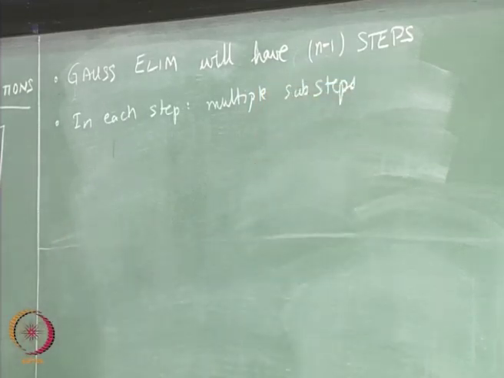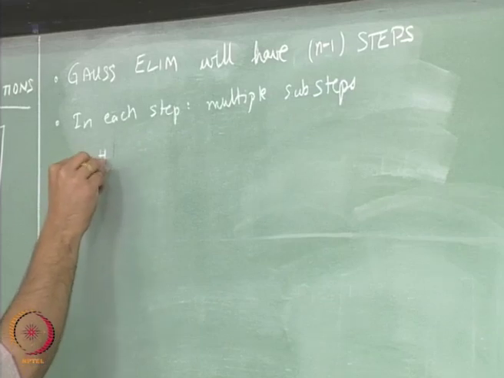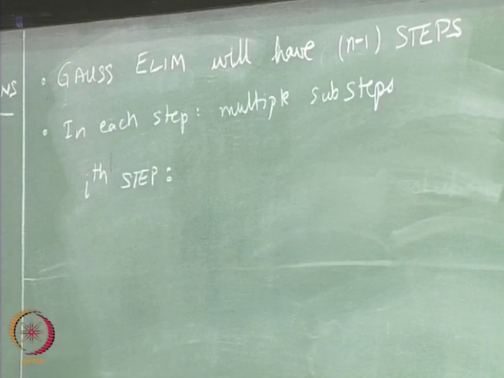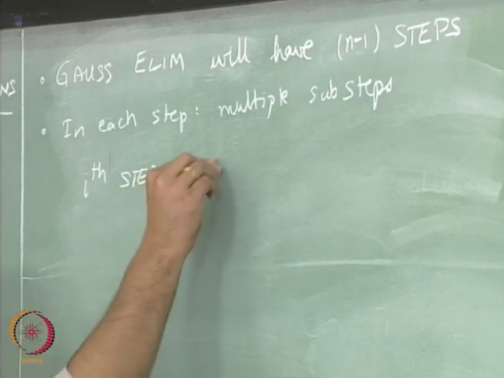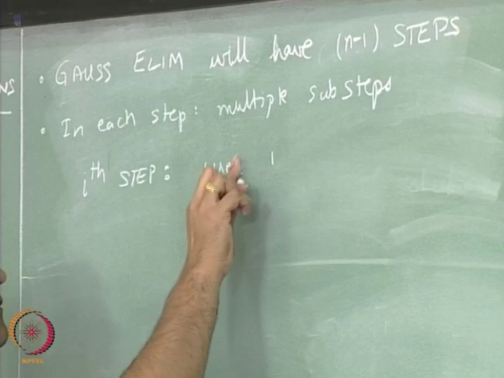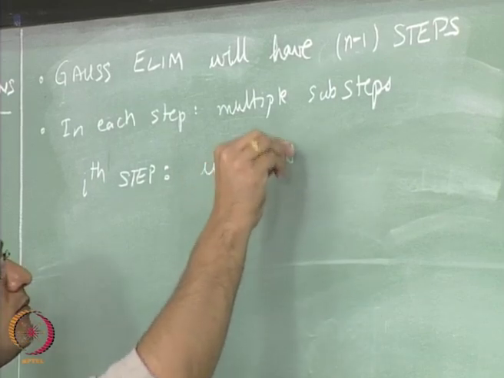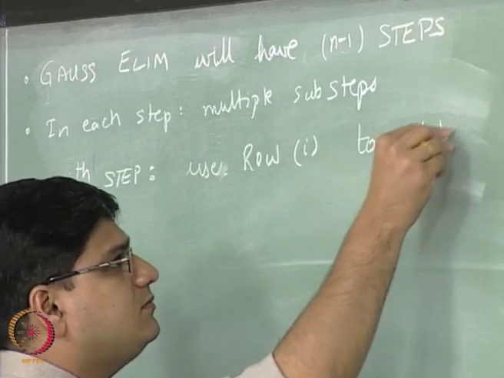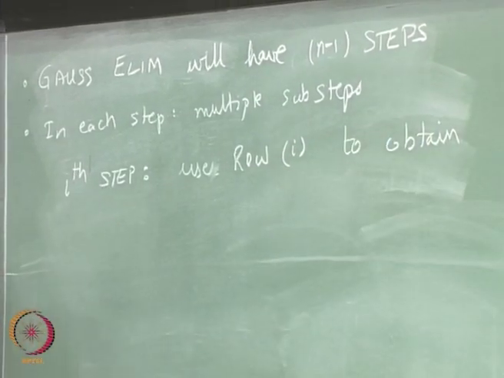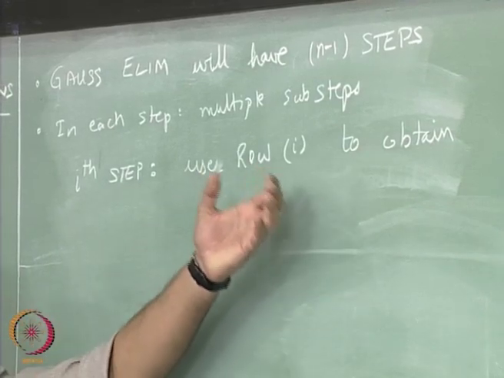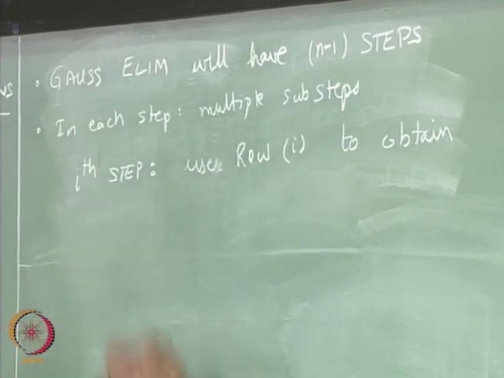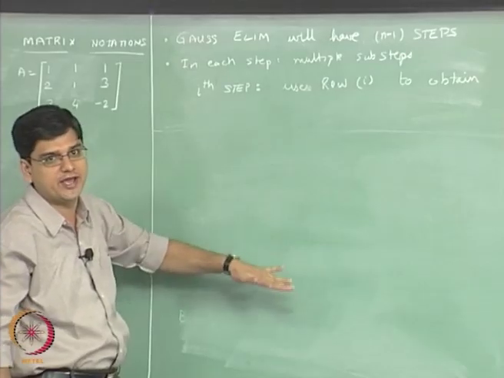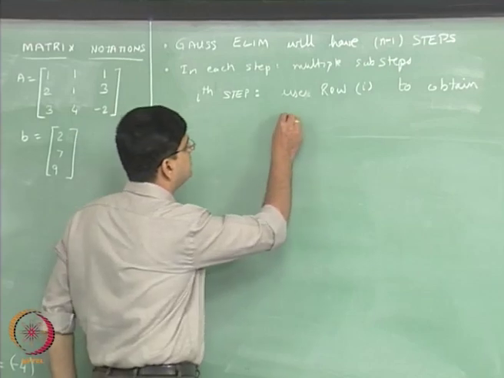Okay. What we will do in the ith step is use the ith row to make the coefficients of xi in all equations from row i plus 1 up to row n equal to 0.